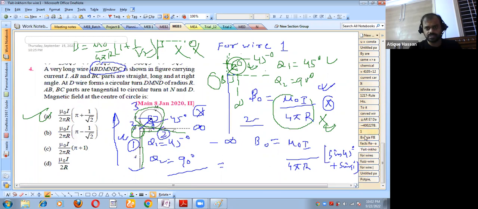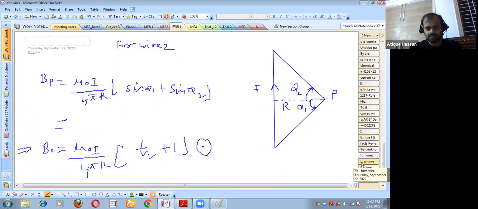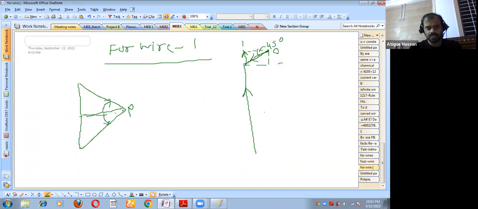Here in the first case, for the first wire, I am drawing it on a separate page like this. You can see the wire is going like this and the point is like this, right?